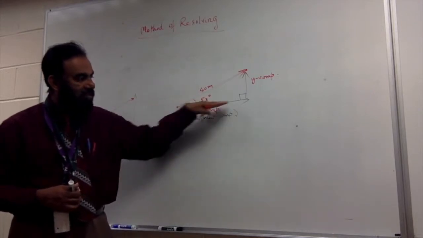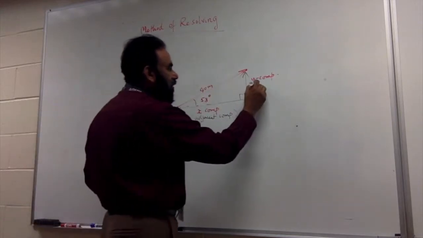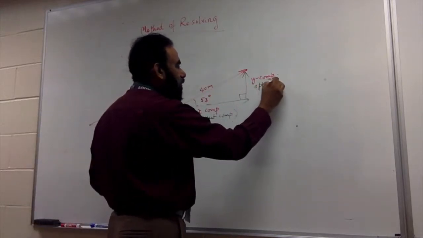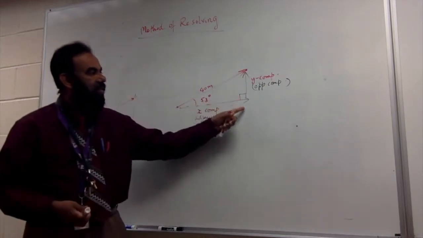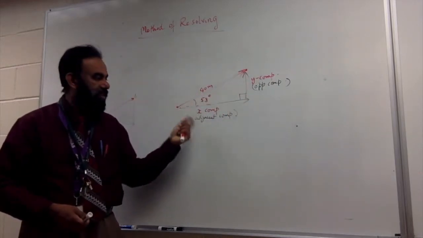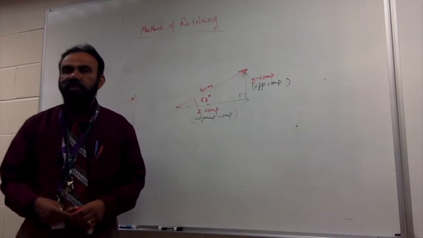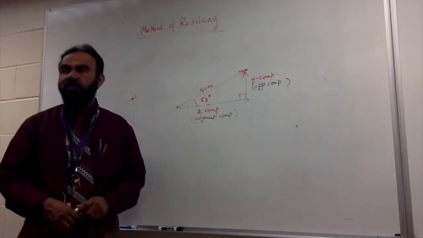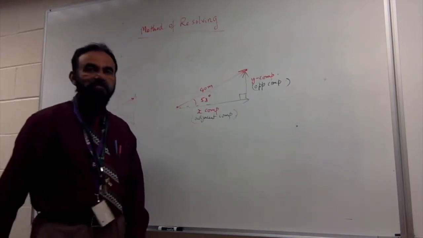The angle is here and this side is touching it, and so I call it the adjacent component. And this one I will call the opposite component. So when I look at this side, I'll say, all right, I want the opposite component. I want the adjacent component. So you also call it the same way. Instead of calling it x and y component or east and north component, use adjacent and opposite components.